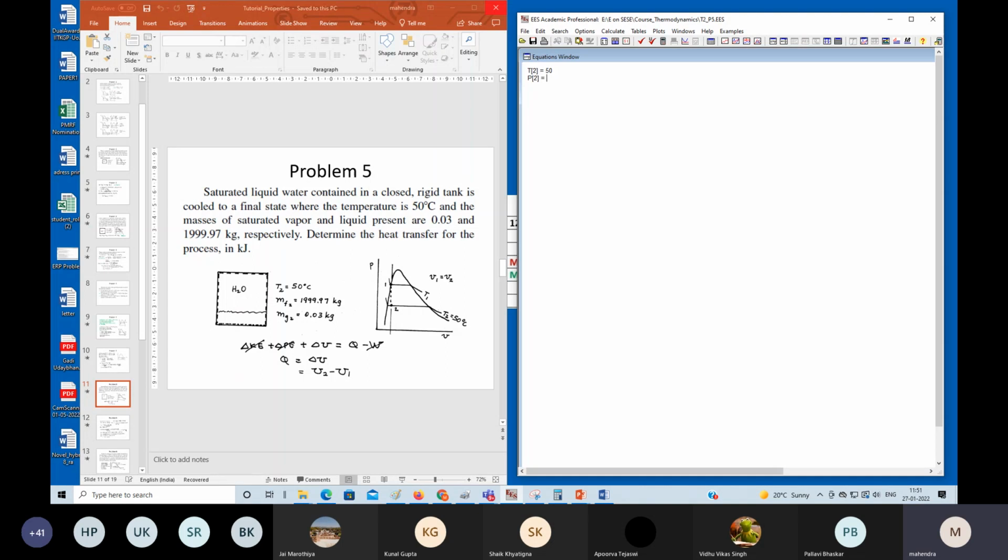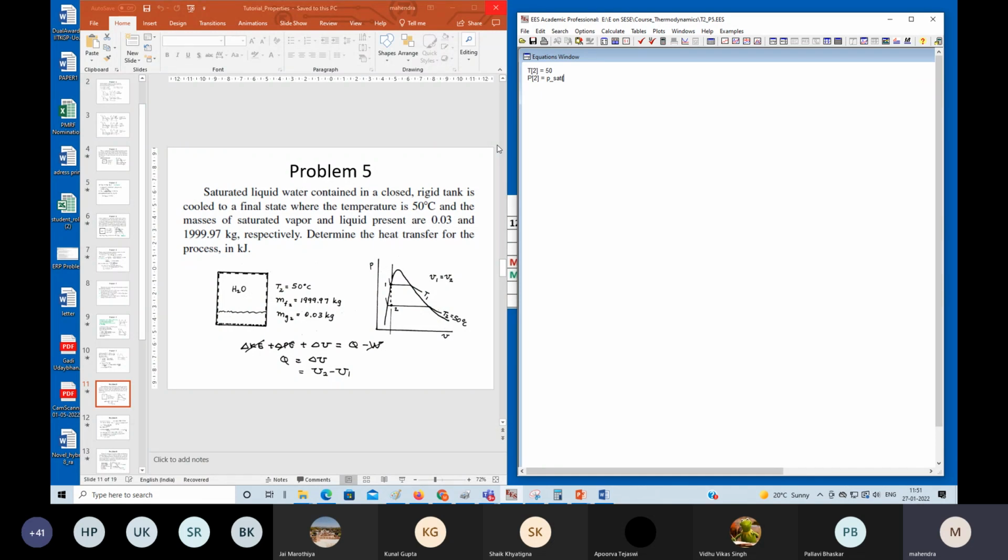Equal to, if you know the temperature at the saturation condition, for that you can calculate saturation pressure by using this particular syntax, like P sat.